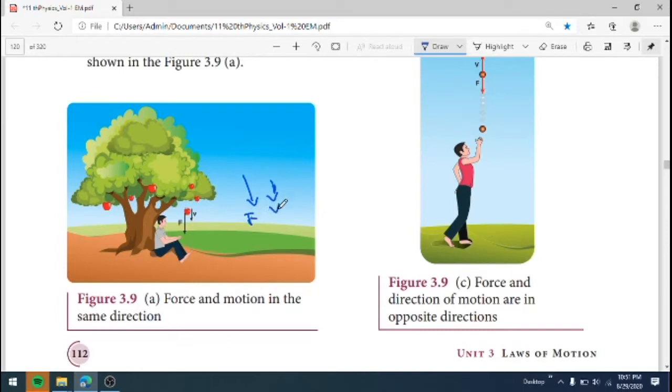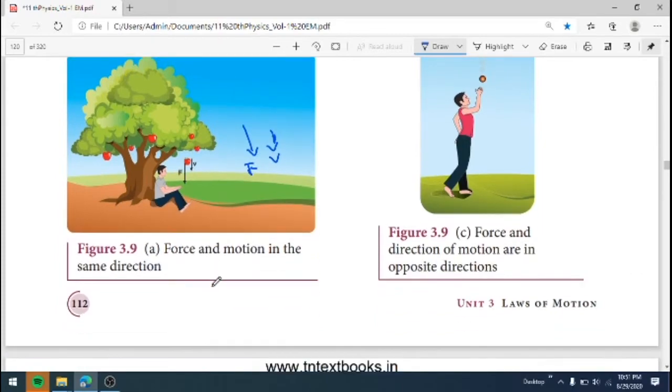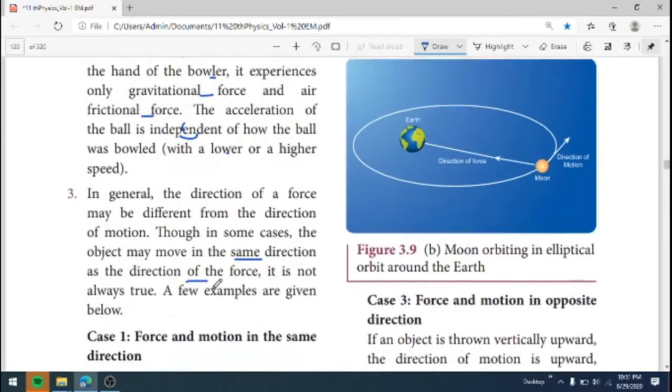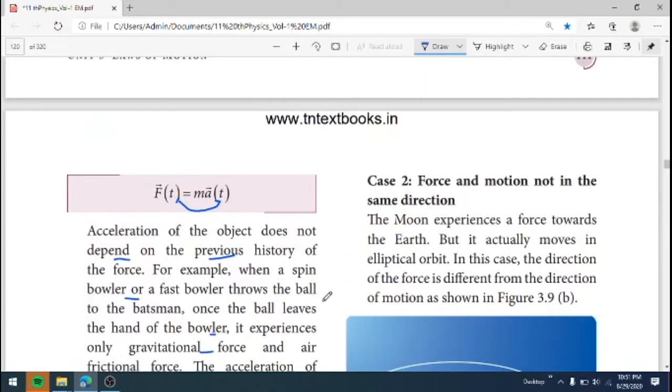So the direction of motion and the direction of force act in the same direction. But this is not true in case 2, because here the direction of motion and direction of force are not in the same direction.